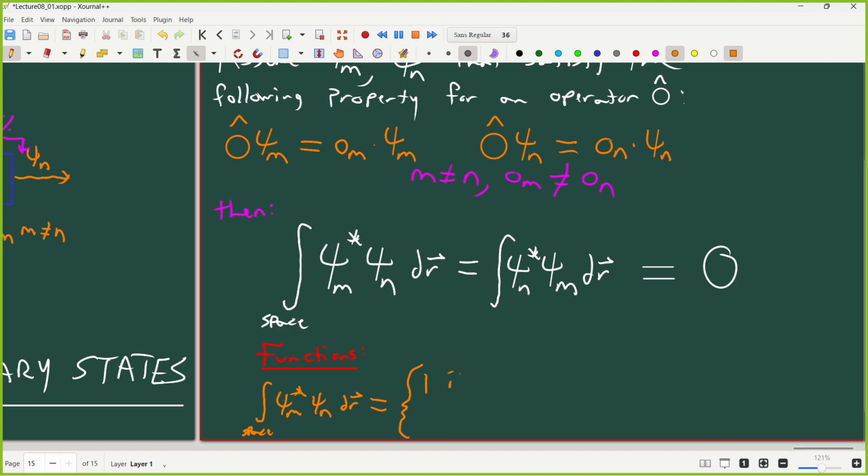One is 1 if n is equal to m, and 0 otherwise. All right, why is that? Well, if n is equal to m, if these are the same, then this integral is the integral of psi squared, and that's 1, right, by normalization. If they're the same wave function, they integrate to 1 when they square. And 0, this is what's called orthogonality.